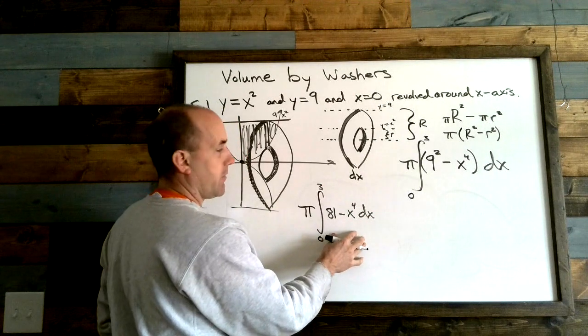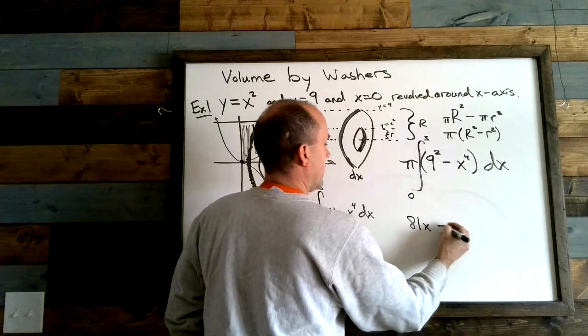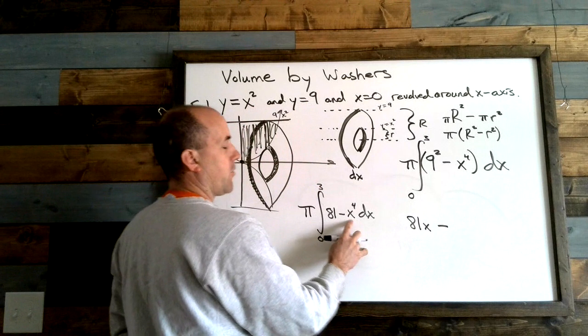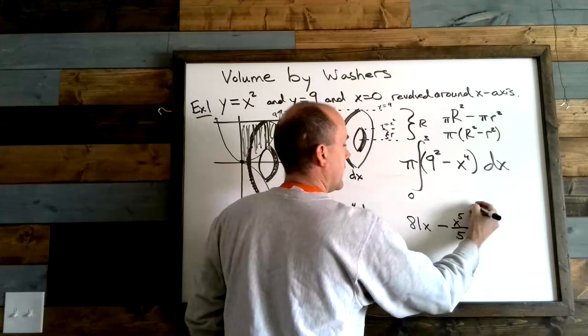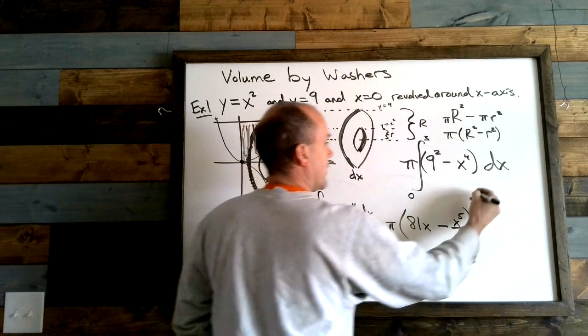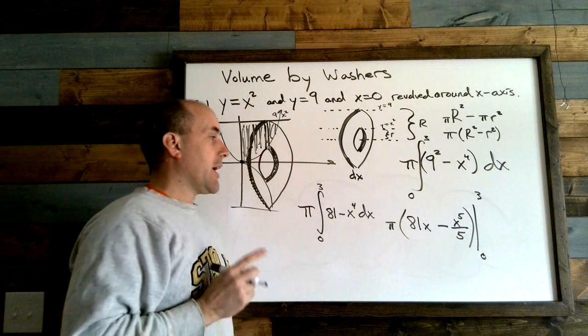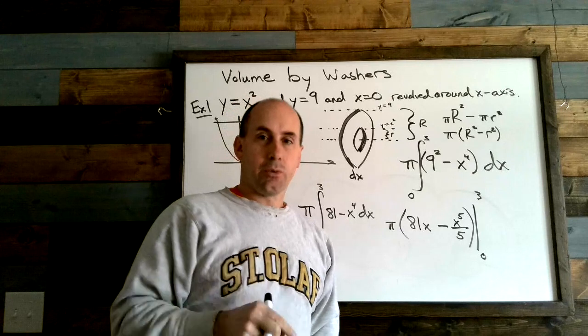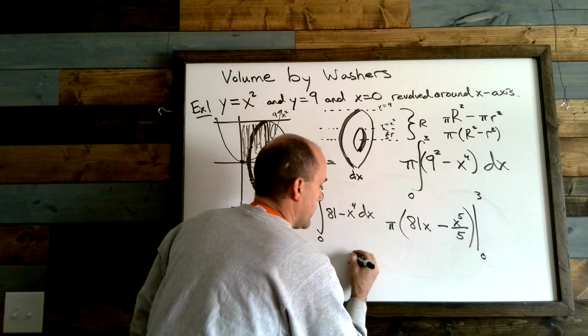The antiderivative of 81 is 81x minus the antiderivative of x to the 4th, which is x to the 5th over 5. Multiply that all by pi. Evaluate at 3 and at 0. 81 times 3 is 243.